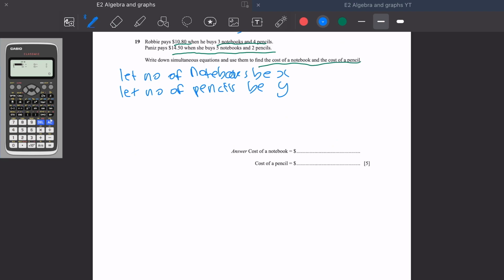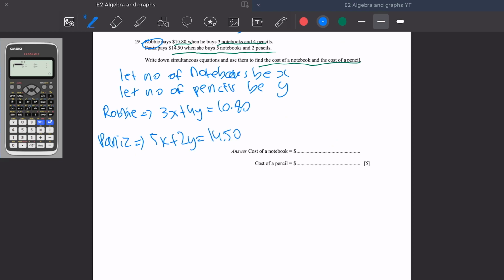So for Robbie, you have 3x plus 4y is equal to 1080. For Penny, we have 5 notebooks, so 5x, 2 pencils, so 2y is equal to 1450. So these are two equations.